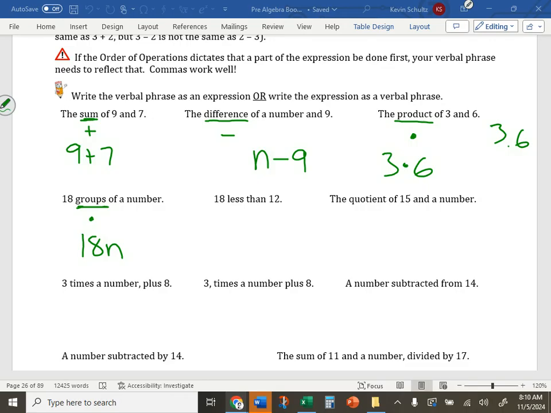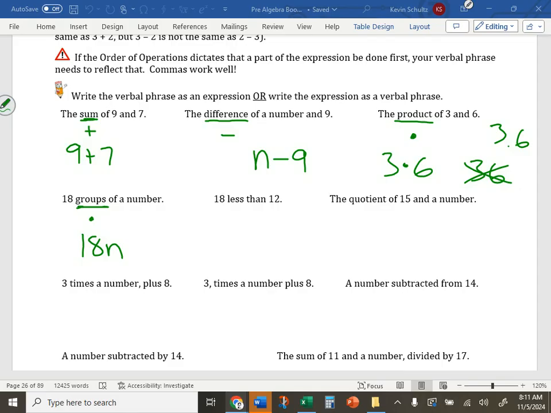So we decided that if we're multiplying a number by a variable, why put a multiplication symbol in there? It's not like if we're multiplying 3 times 6 over here and I say that means 3 times 6, you're like, no, that's 36. But with a number and a variable, there's no confusion there. There's no number that's 18n. So it's understood that without that multiplication symbol there, it means 18 times n. No operation written means that you are multiplying.